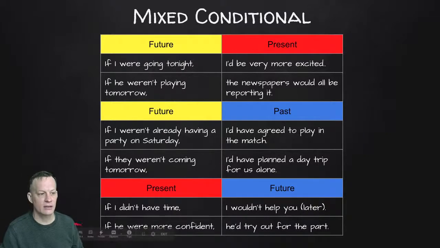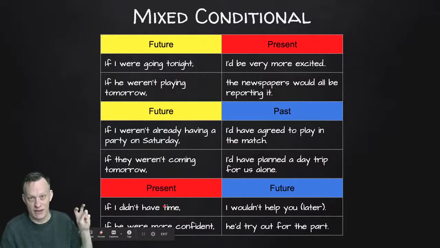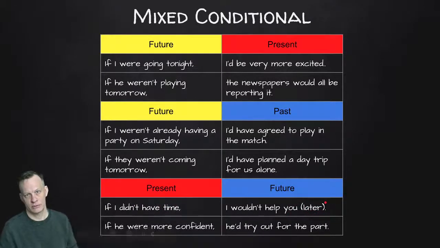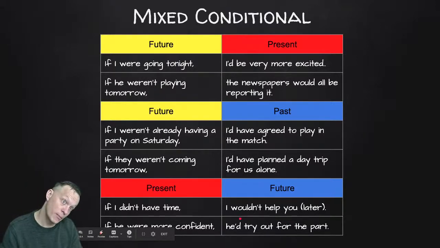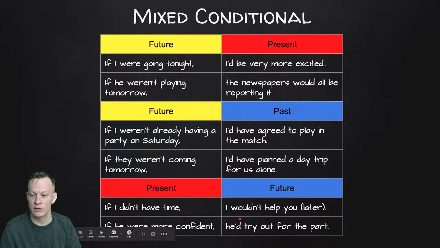So we're linking the present hypothetical to the future certain, right? It's certain that he would try out for the part.